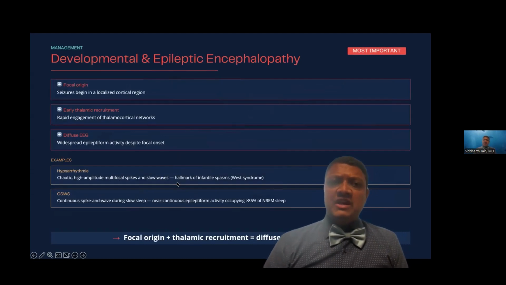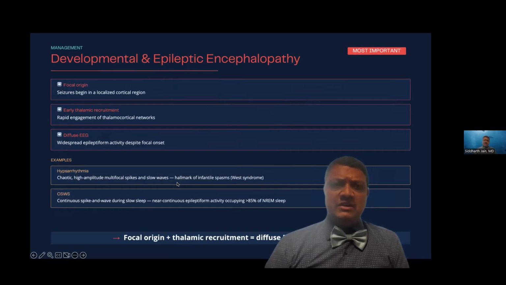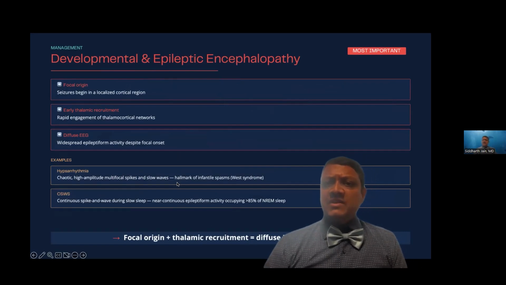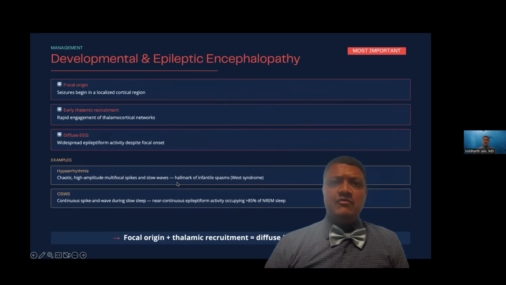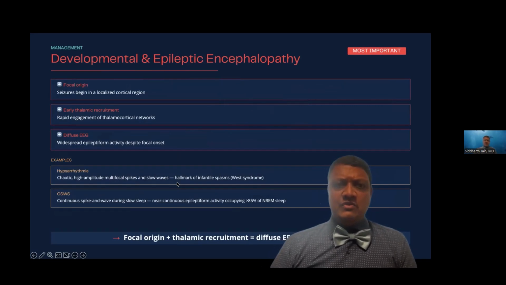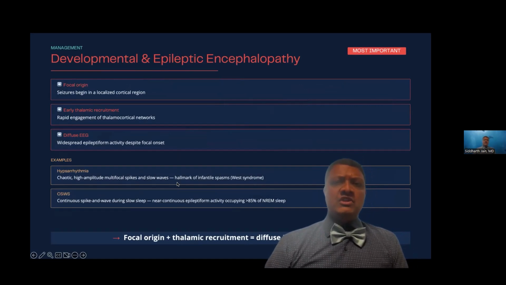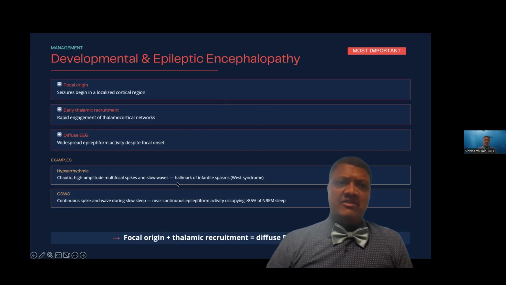Apart from generalized and focal seizures, in pediatrics we commonly see a more complex form of epilepsy, with a relatively newer terminology called developmental and epileptic encephalopathy, or DEE. In addition to having various and frequent seizure types, which in most cases start off as focal seizures but may develop into generalized seizures as well, there are frequent seizures rapidly involving the thalamocortical networks.